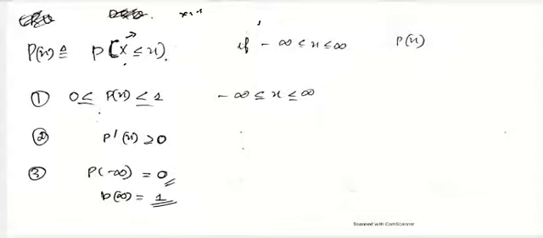Similarly, a continuous probability will have the same properties as discrete probability, that is, its range will be minimum value 0 and maximum value 1, and P dash of x will always be greater than or equal to 0. Please keep this in mind. The derivative of continuous probability will always be greater than or equal to 0. It can never be negative. And P of minus infinity is equal to 0 and P of infinity is equal to 1.